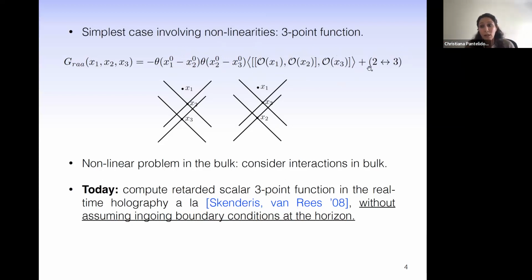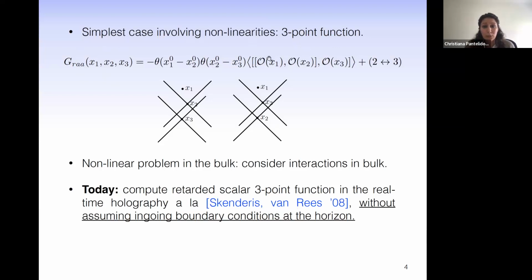And then we have another term that's essentially the same as the previous one, but now with positions x2 and x3 exchanged. And just like what we did before for two-point functions, let's discuss where this retarded three-point function has support.